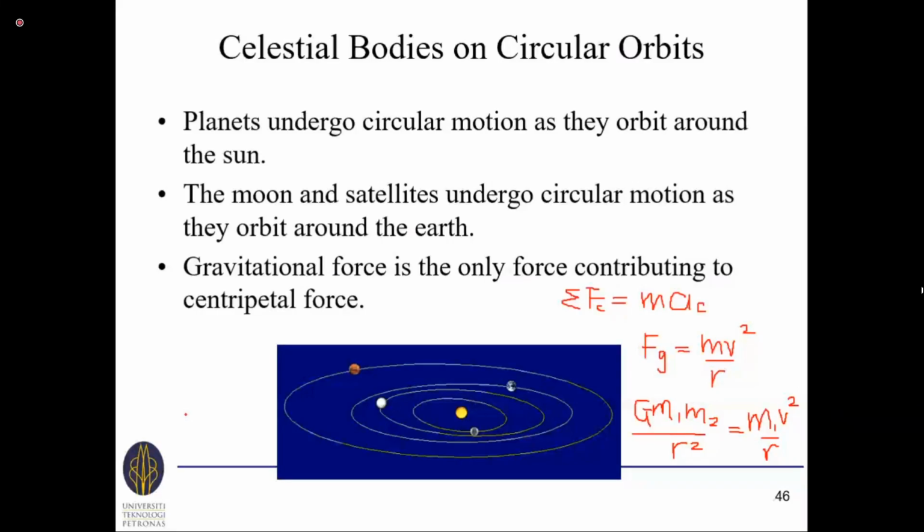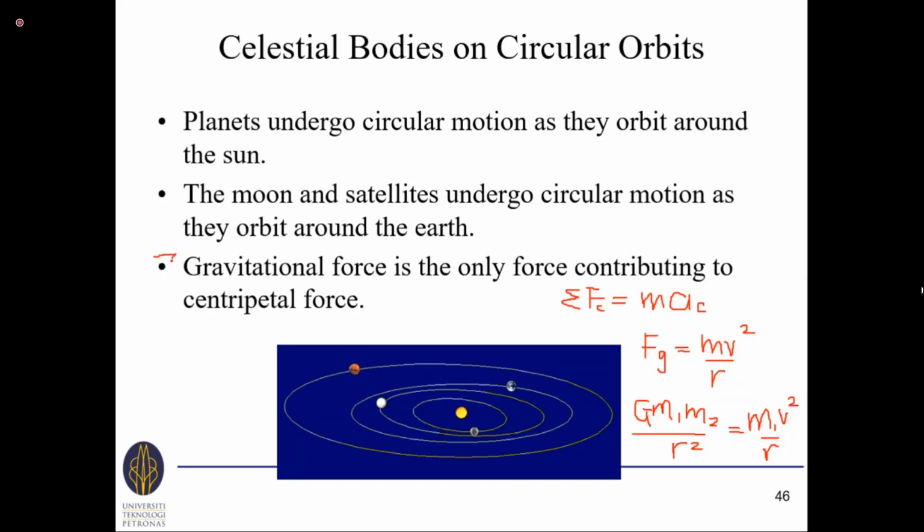Just talking about the moon and the Earth, when the Earth is more or less in the middle, and the moon is moving around it, you can say that the moon is having a circular motion relative to the Earth. When planets undergo circular motion as they orbit around, gravitational force is the only force contributing to the centripetal force.